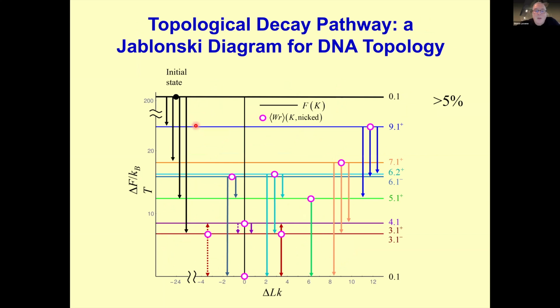And you can see here from the pathway diagram that there are, in fact, pathways that will take you to knots of opposite handedness. For example, this 6-1, the 3-1 minus. And that's something we just observe in the simulation.